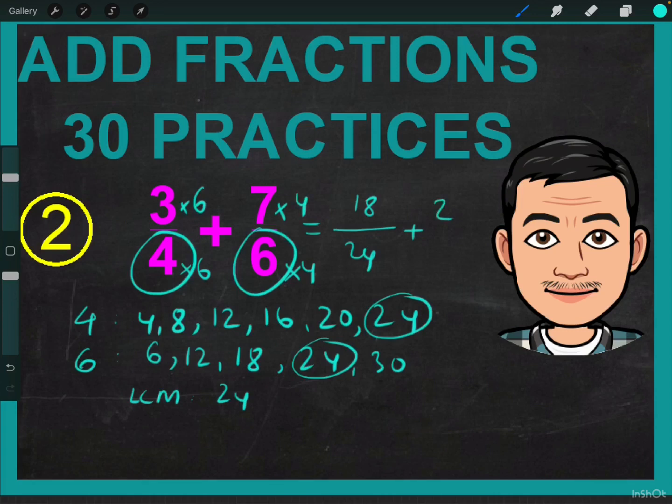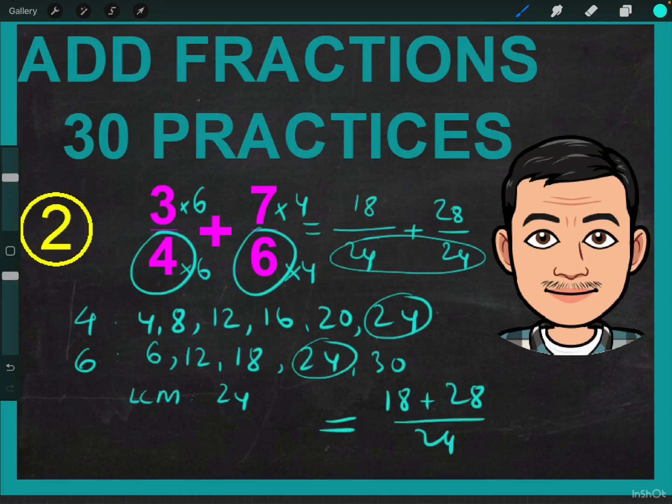We got 28 over 24. Now the two fractions have the same denominator, so we just add 18 and 28 over 24 equals 46 over 24.